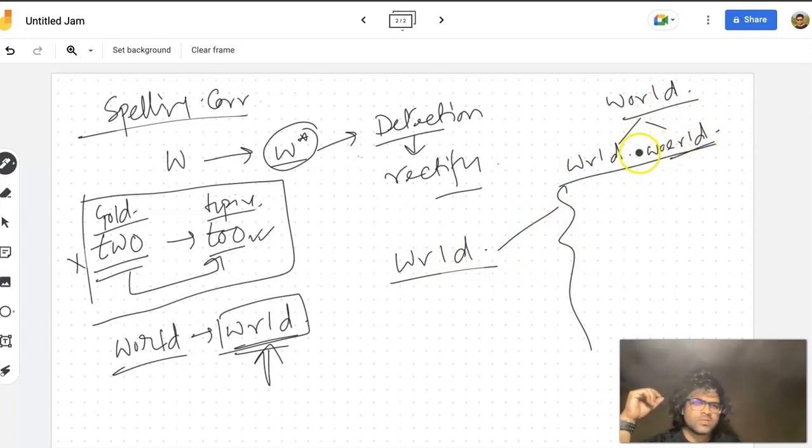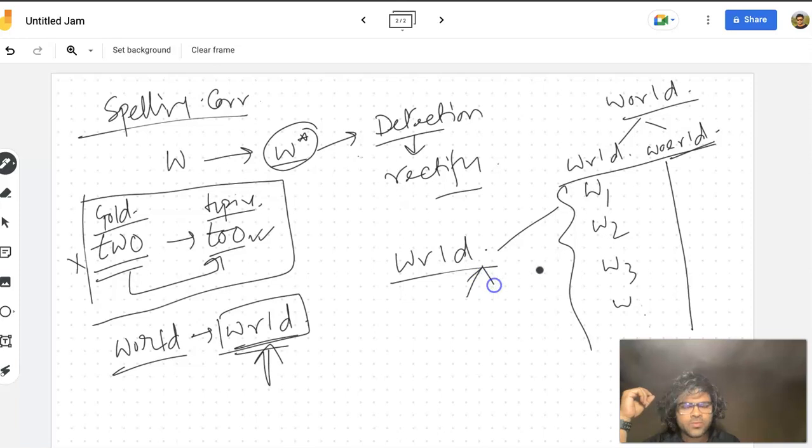With these statistics, we find a set of candidate words. Suppose W1, W2, W3, up to W5, those five words are the candidate set for this erroneous word. Then we can find the edit distance from each of them and take the smallest one as the correct solution.